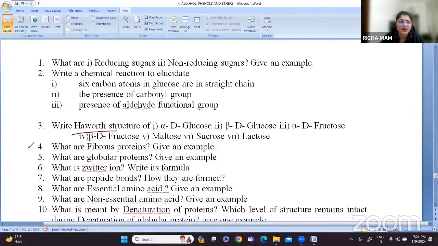I'll give you 2 minutes. Note this down. Write the Haworth structure of alpha-D-glucose, then beta-D-glucose, alpha-D-fructose, beta-D-fructose, maltose, sucrose, and lactose.